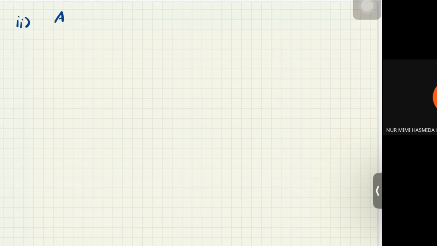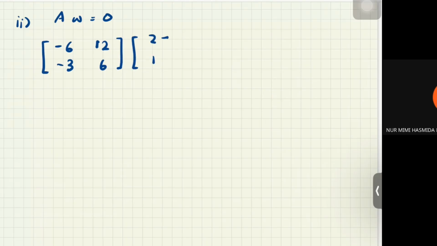Null A means AW equals 0. Check whether you get 0 or not. [-6 -3; 12 6] times (2, 1).